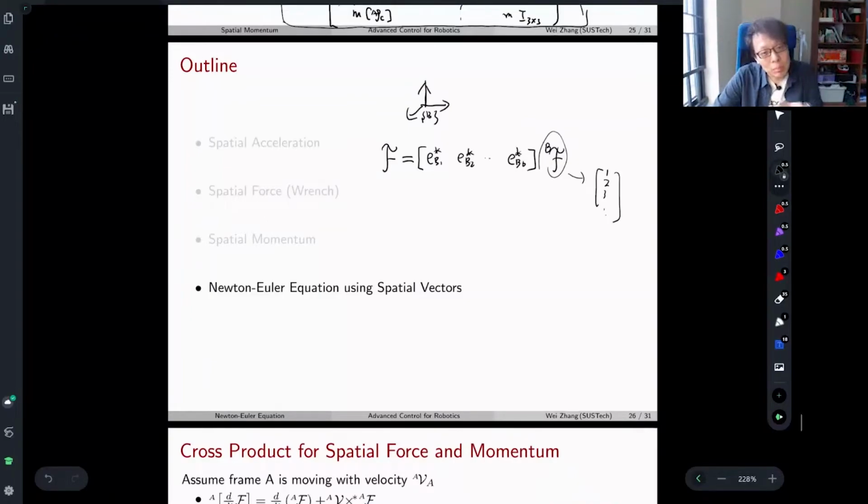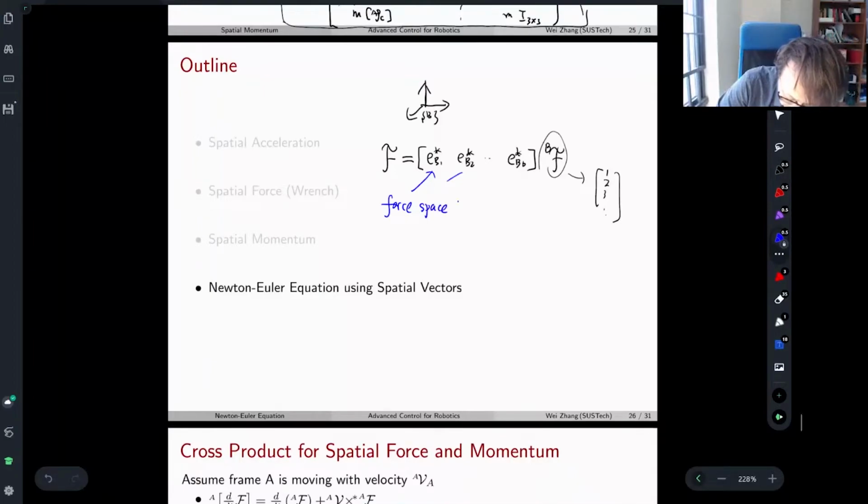These numbers really mean the linear combination coefficients, and each of these is a physical vector. Each of these is a force space basis vector.